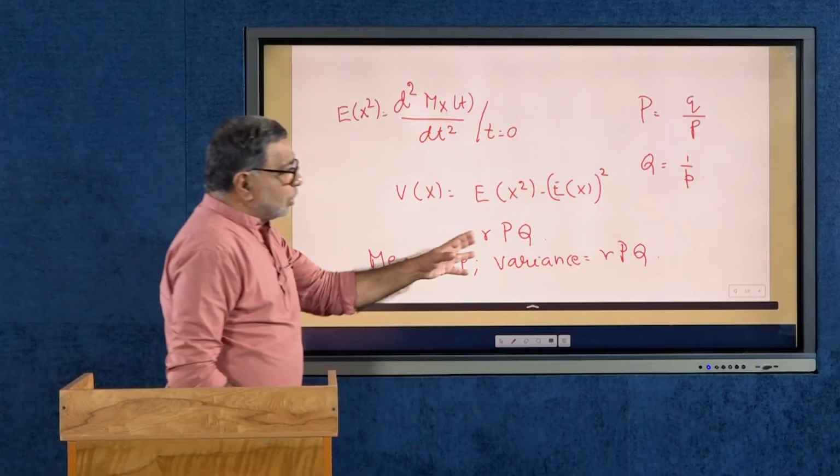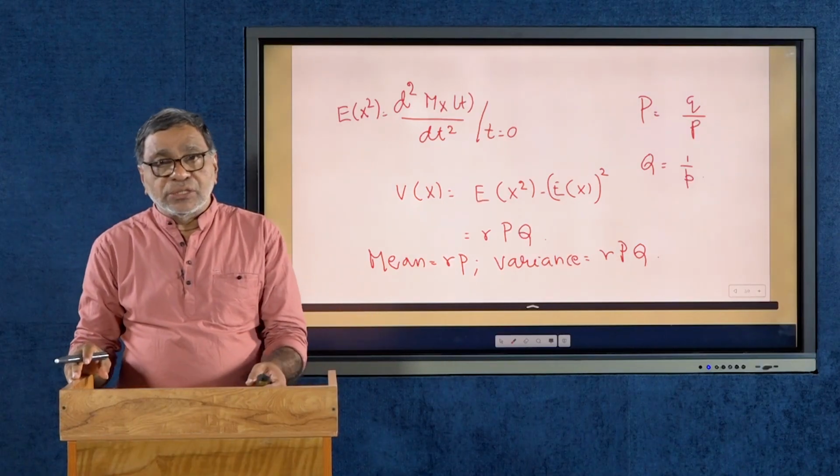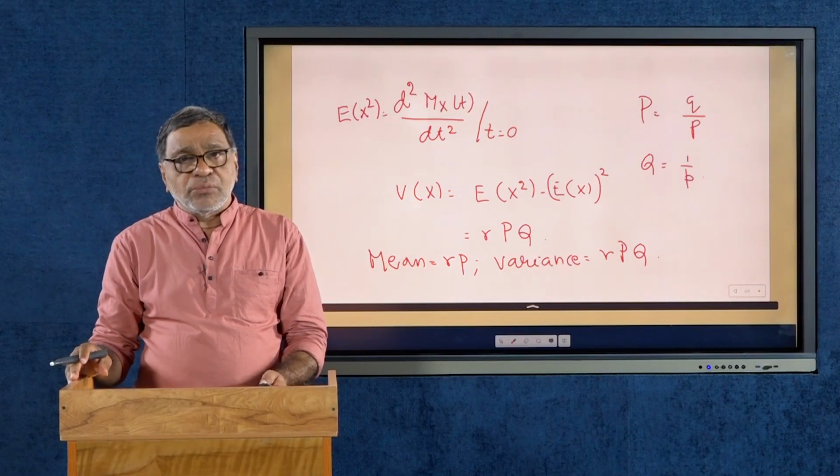Okay. So these are the mean and variance of the negative binomial distribution.